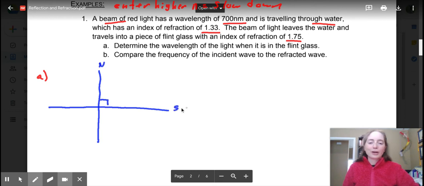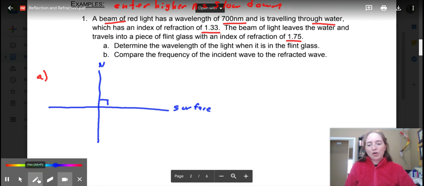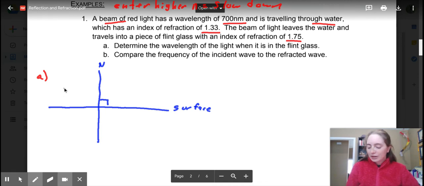Here is what I'm going to call our surface. This is where the water to the flint glass is going to change. Now we can draw a red light. This is going to make me feel way better here. So we are going to have a ray of light entering from the water into our flint glass.